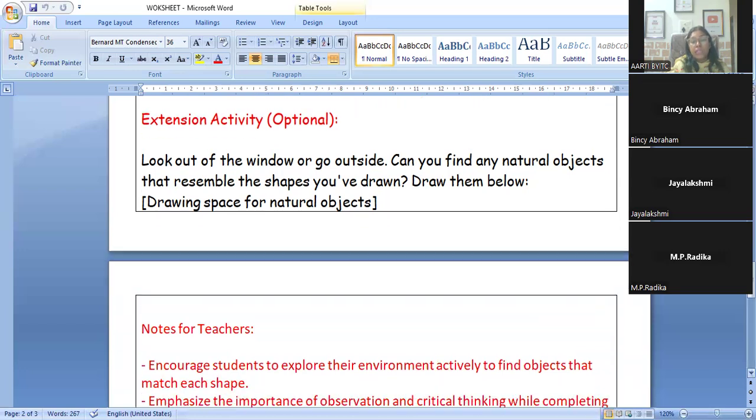Extension is obviously optional, but yes, it is good to go. As I told you, if I am in an elevated mood, and if I am having good weather, or if I am having a very beneficial and supportive environment in the classroom, sometimes extensions take place. So look outside the window, go outside and think of natural objects, assemble those, draw something out of them.